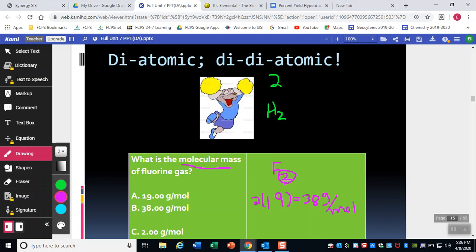That would be 1 mole. If I just have an F2, assume that there's 1 mole. So that answer there would be B.